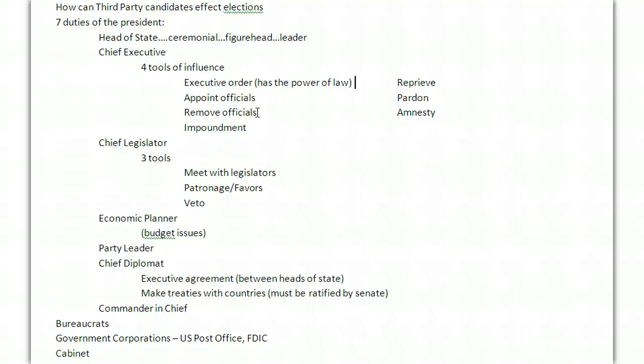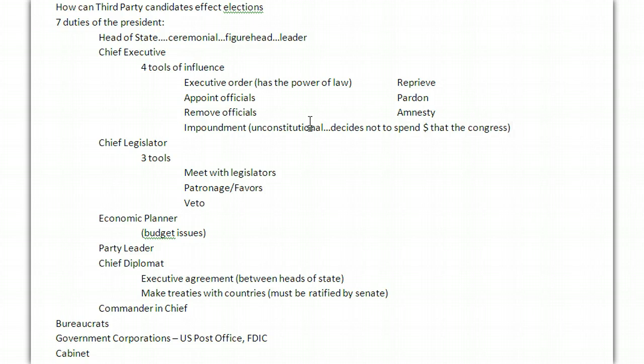He can remove officials, but he can't remove federal court judges. So if somebody's not doing a good job, he can remove them. There's also the question of impoundment, but it's unconstitutional because in impoundment the president decides not to spend money that the Congress has allocated.